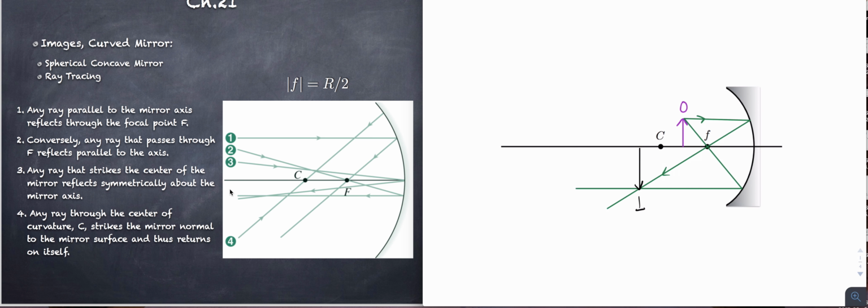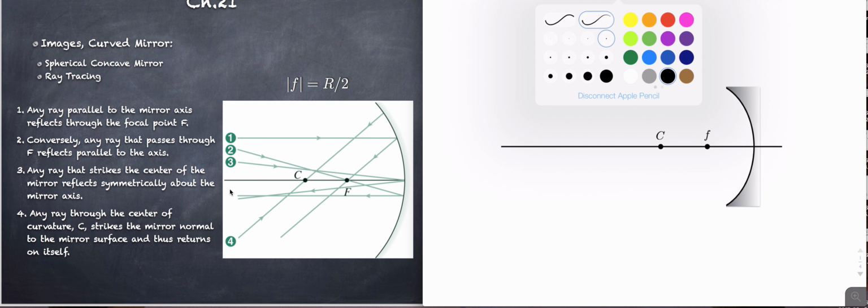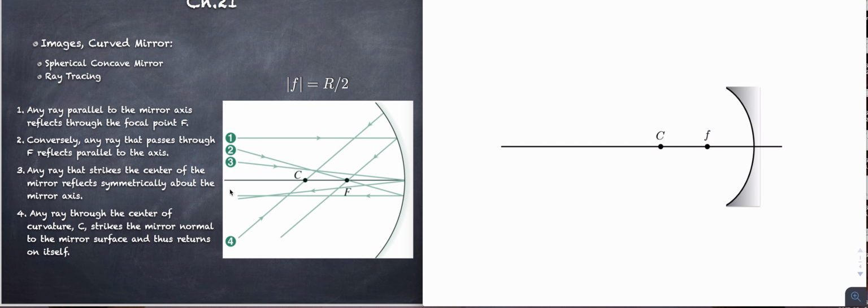Let's do one more scenario where now we place the object in between the mirror and the focal point. This scenario is a little bit trickier, but we'll still follow the same rules.